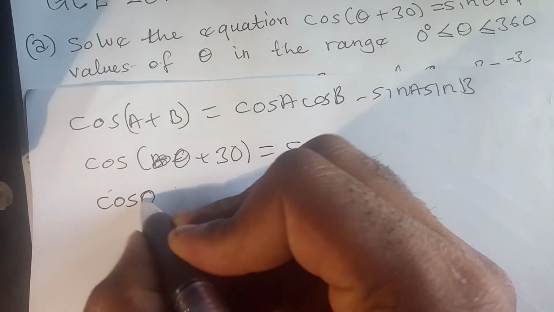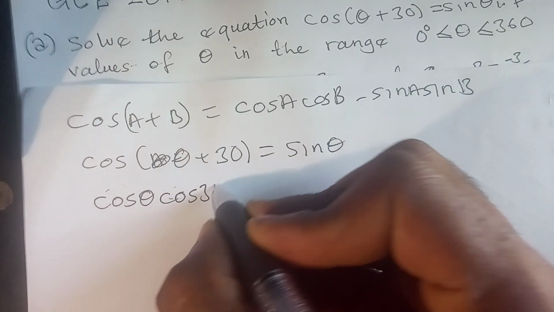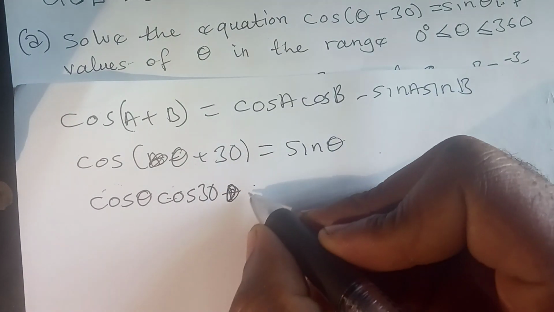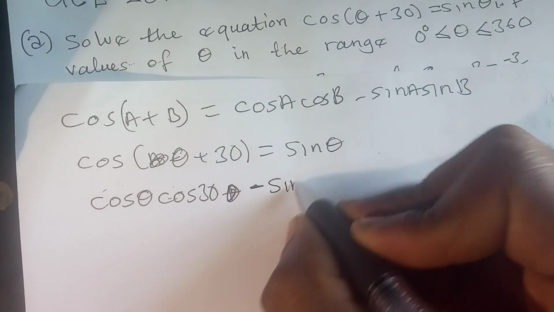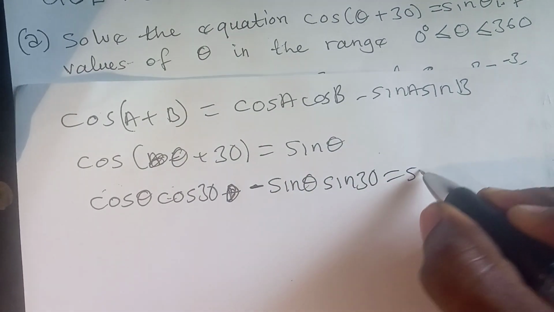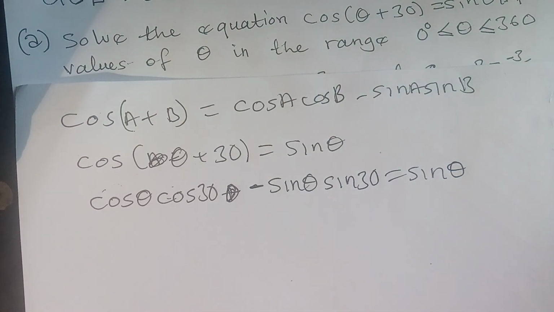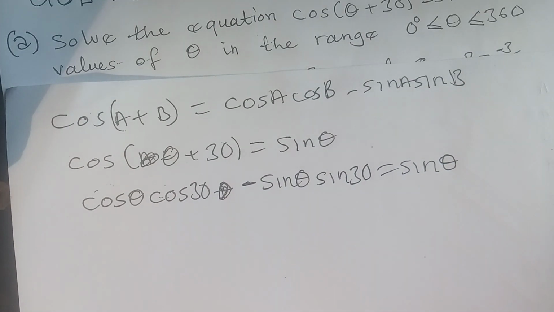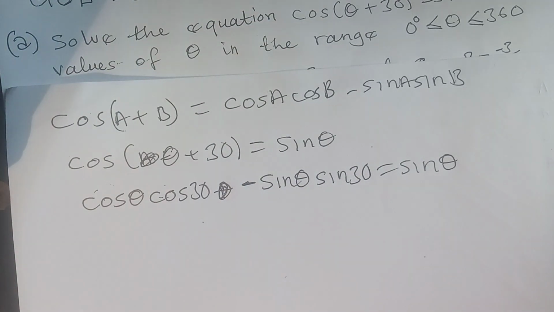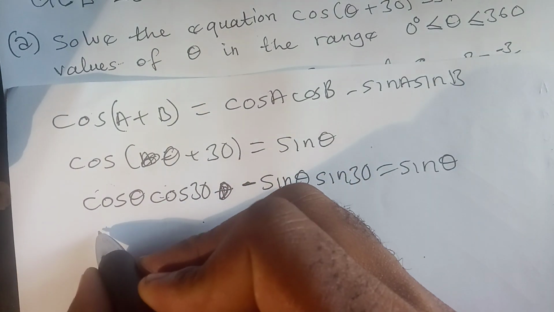This will be cos theta cos 30, actually this would be minus sin theta sin 30, which is equal to sin theta. And then we can just punch cos 30 and sin 30 on our calculators.